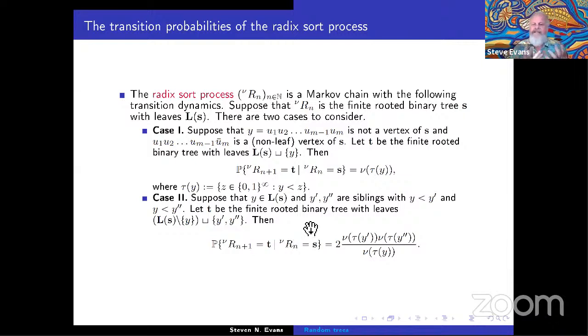The other case is more complicated, and you need to sit down and draw some pictures to see where this is coming from.